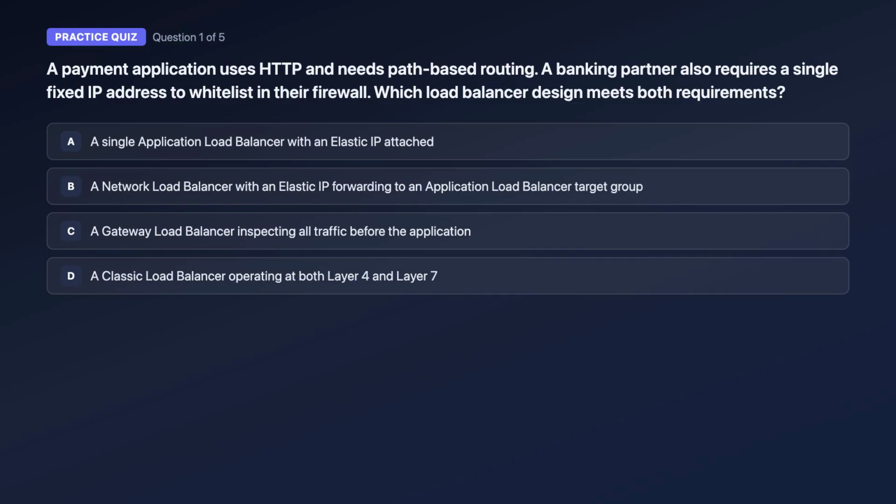Option A, a single application load balancer with an elastic IP attached. Option B, a network load balancer with an elastic IP forwarding to an application load balancer target group. Option C, a gateway load balancer inspecting all traffic before the application. Or option D, a classic load balancer operating at both layers. Lock in your answer before I give it away.